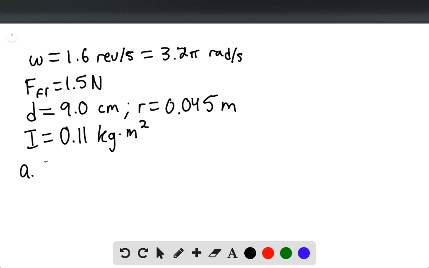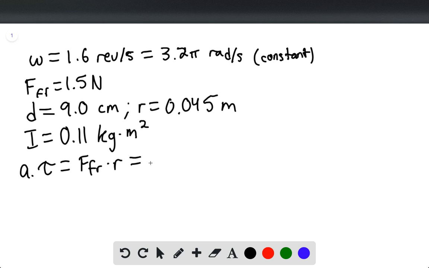So for part A, it's asking us for the torque. So this would be simply the force of friction times R, because this is constant. So if this is constant, that means that at least for the first part of the question, there isn't any angular acceleration, because the potter simply needs to counteract the torque done by friction in order for the wheel to have constant angular velocity.